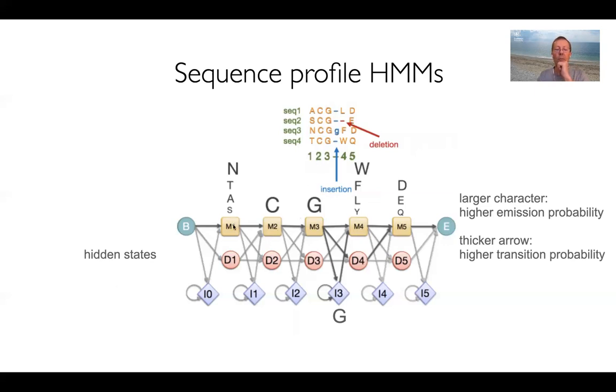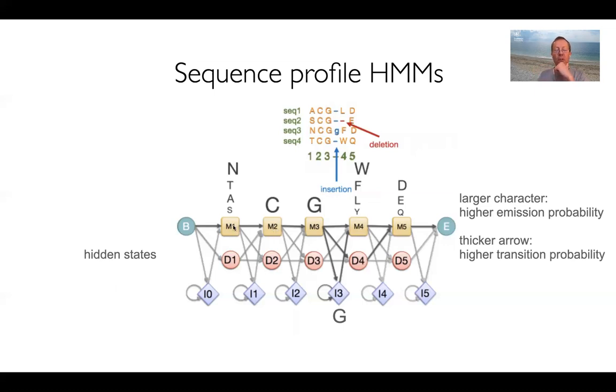And of course, if you go from a match state to a delete state to another match state, it basically means you don't have anything there. You connect this residue to that residue, so you're missing this residue in that particular sequence.